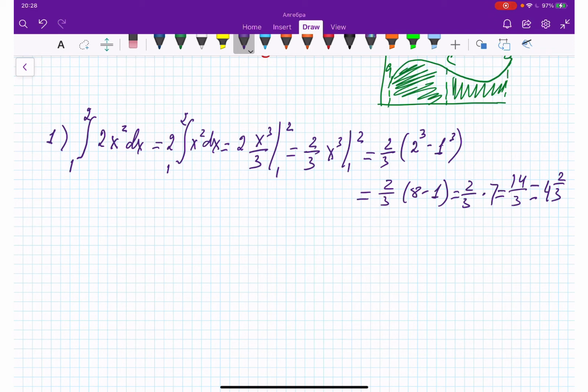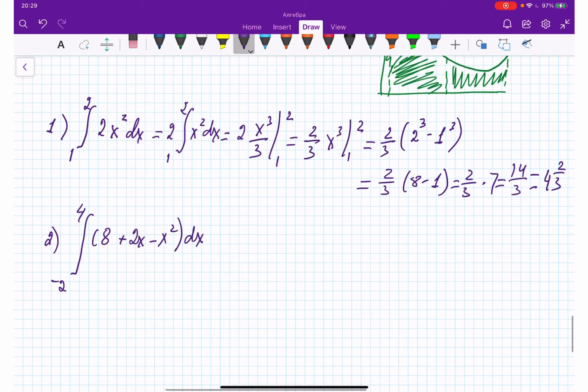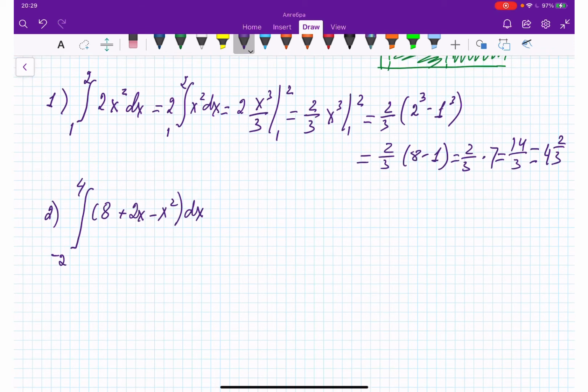We have the integral from -2 to +4 of 8 plus 2x minus x squared dx. All right, so to solve it, we are breaking it down.